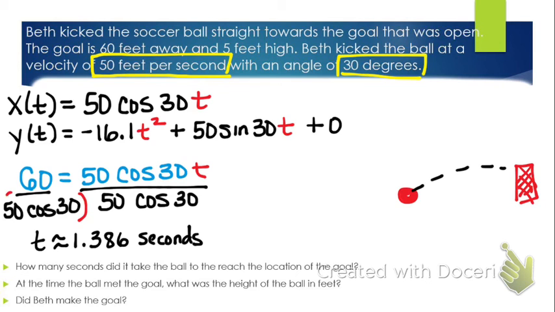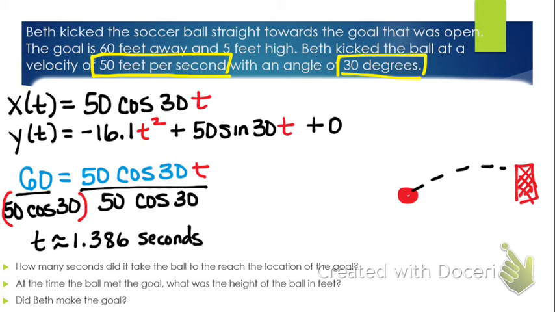You need to put 60 divided by, then start a parentheses, because you have more than one thing in your denominator. So 60 divided by, start a parentheses, 50 cosine 30, and close it. So if you're using a calculator that doesn't have a fraction key, you need to include parentheses because there's more than one number in your denominator.